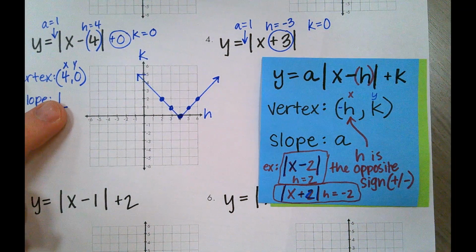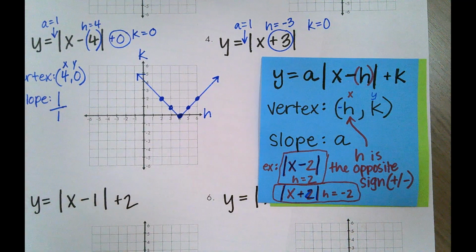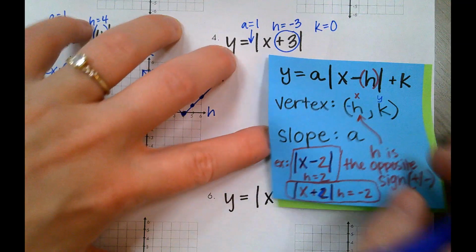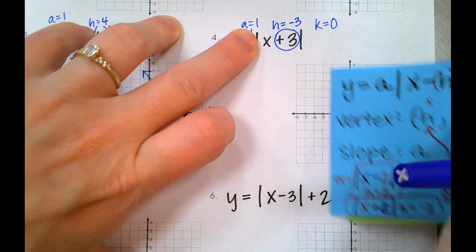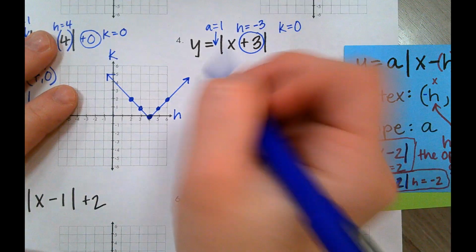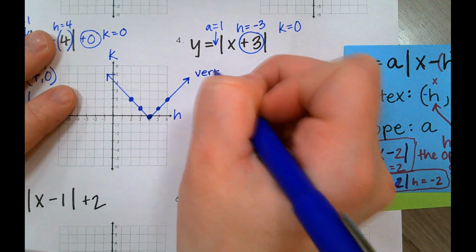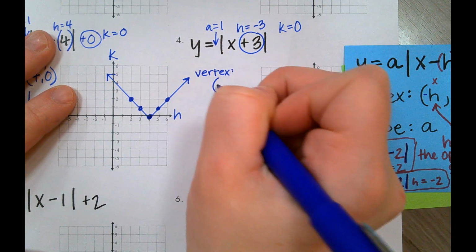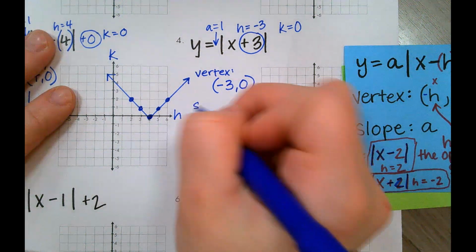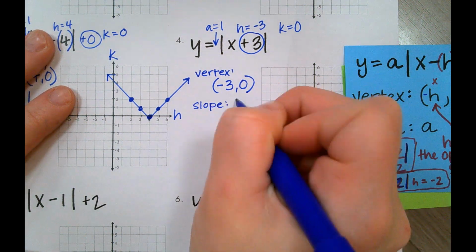So all that being said, what is my vertex? -3, 0. Okay. What's my slope? 1. Yeah, 1/1.